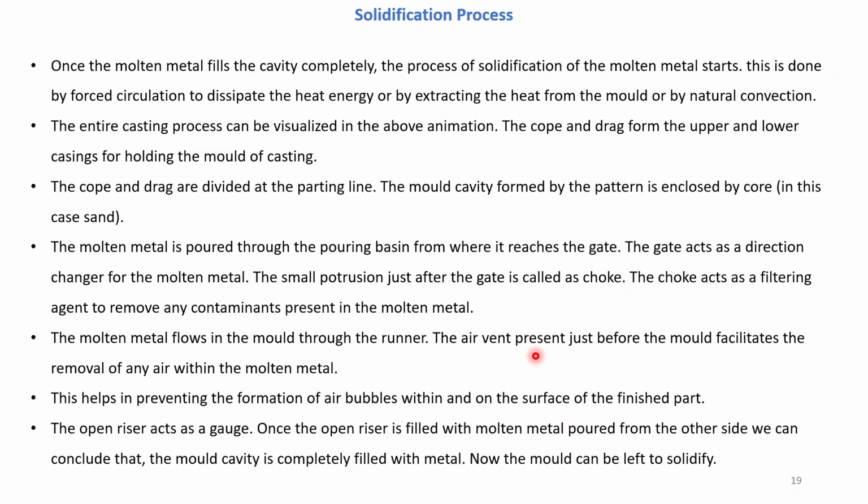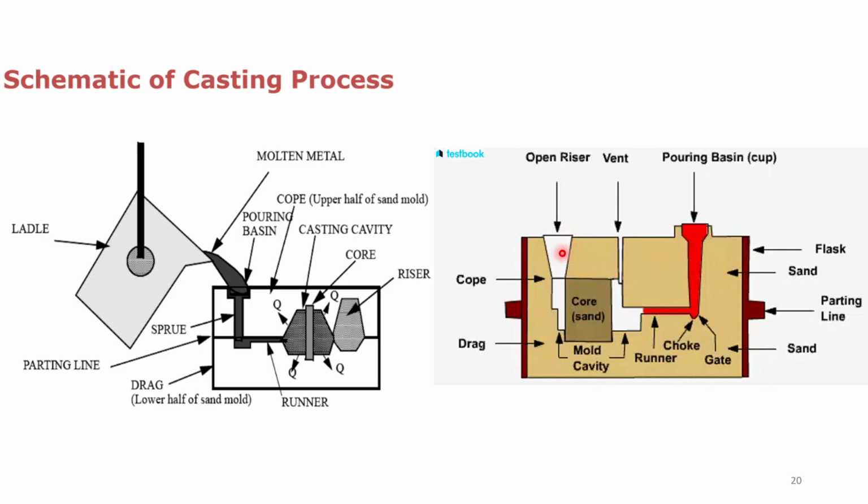And the open riser acts as a gauge, and once the open riser is filled with the molten metal poured from the other side, we can conclude that the mold cavity is completely filled with metal. Now the mold can be left to solidification.